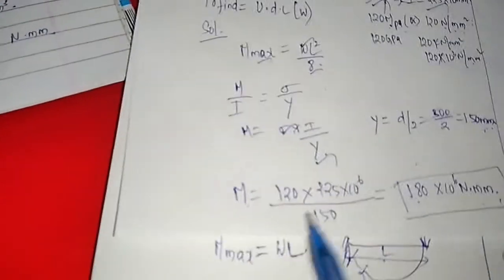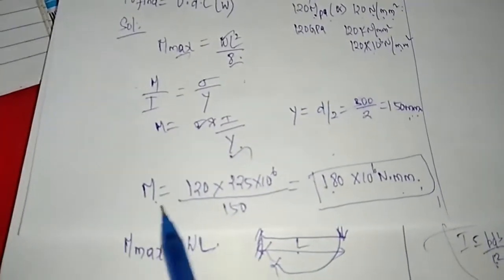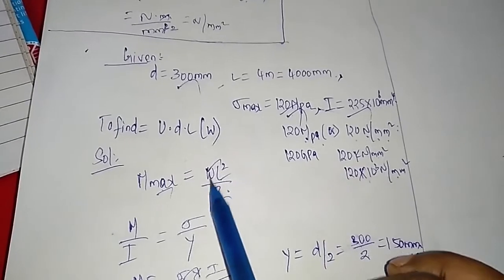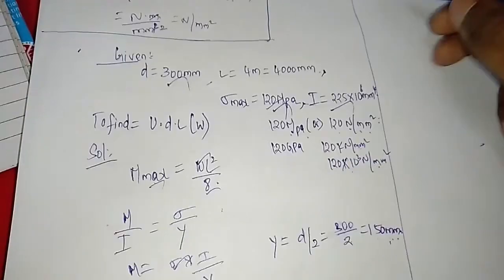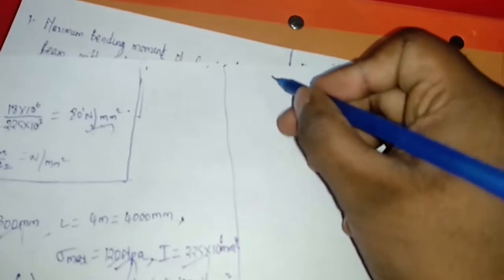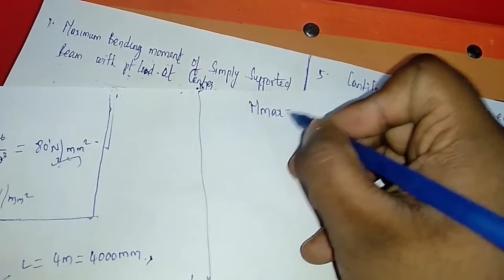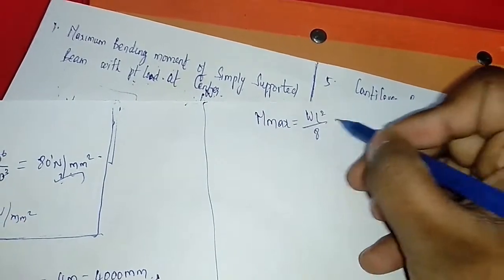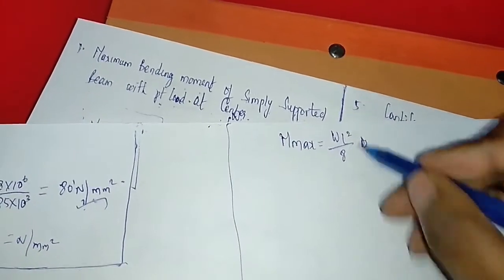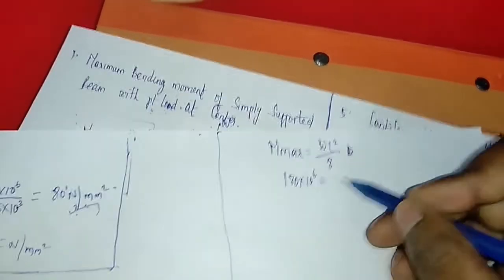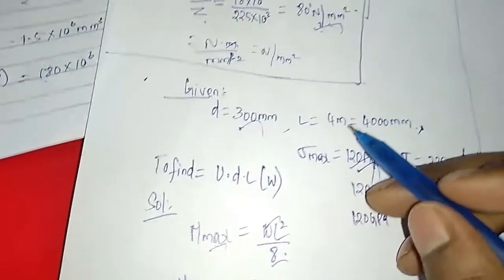Okay, so now you have found the maximum moment. That is 180 into 10 power 6 Newton millimeter. So now substitute in this formula. You will get this W. Maximum moment is equal to WL squared by 8, which is 180 into 10 to the power of 6 is equal to W into L, and L is actually 4 meter.